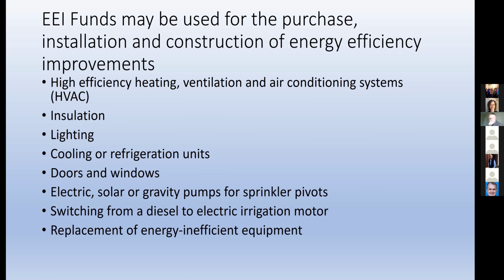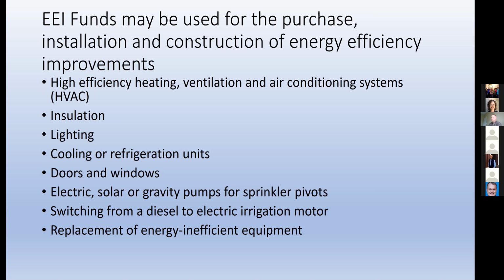The energy efficiency improvement funds may be used for the purchase, installation, and construction of energy efficiency improvements, like HVAC systems. If you want to put a new HVAC system in, 25% of that could be covered. Also lighting, and as Chuck pointed out, lighting is very popular. LED lighting saves a lot of power, saves you money, and besides that, lasts longer.